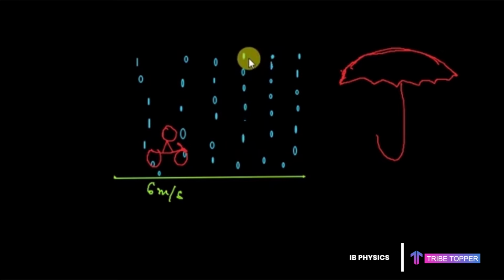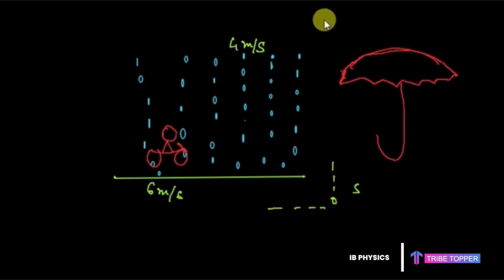So it's falling vertically down with respect to the ground, but with respect to your velocity, it's not going to be down. Say the rain is falling down with a velocity of 4 meters per second and it falls 4 meters downward in 1 second, you have reached here.